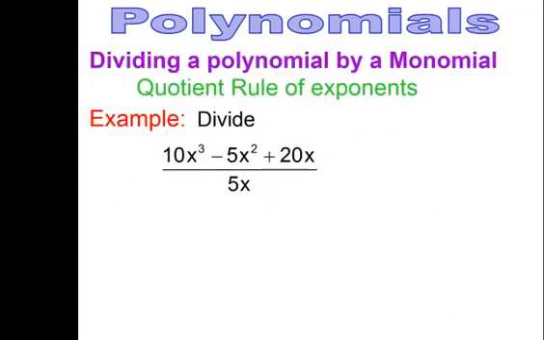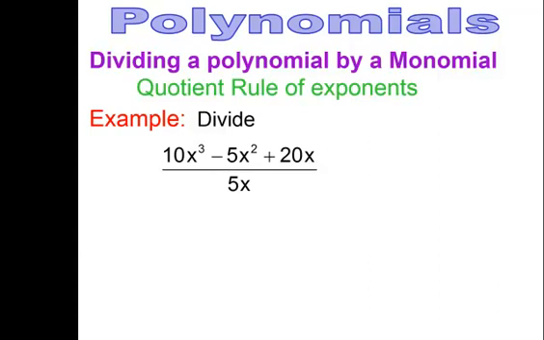This next part, we're going to do dividing polynomials by a monomial. Whenever you're dividing polynomials by a monomial, we're going to be using the quotient rule. How the quotient rule for exponents works is when you have like variables being divided, you subtract their exponents and leave it where the higher exponent is.